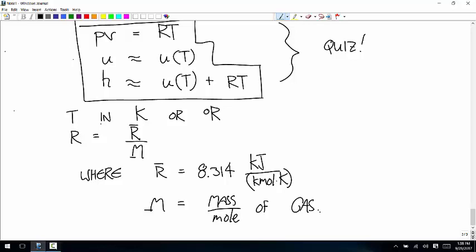And so because of this, that capital R, that per mass gas constant, varies as you go from material to material. So this one is not universal.